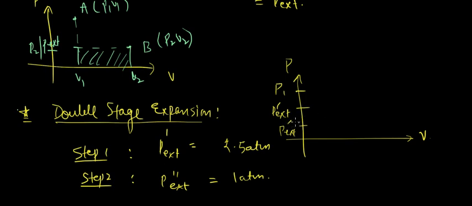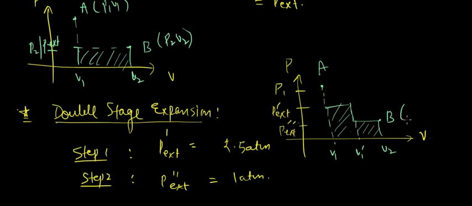Okay, so first the gas is expanded at P external dash, and then the pressure is further reduced from this V1 dash till V2. So work done would be something like this. Again we have point A and point B. Coordinates are P2 V2 here and P1 V1 here.